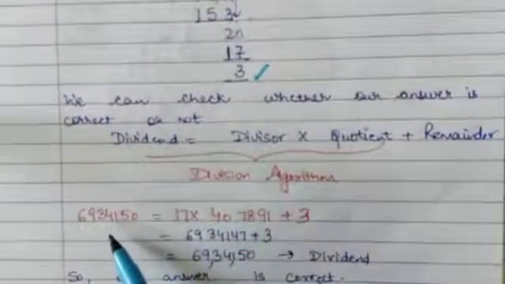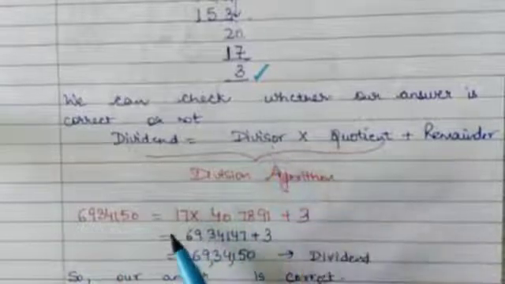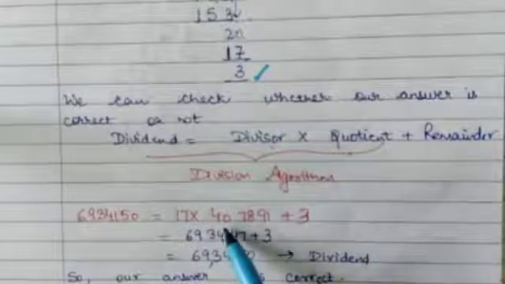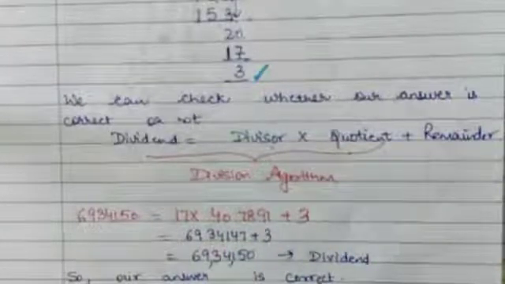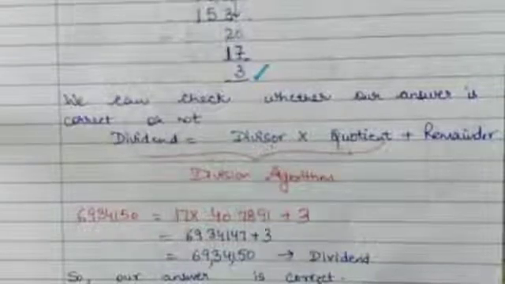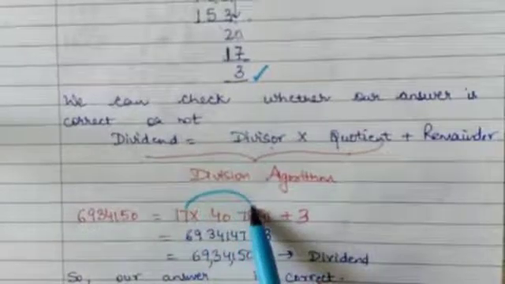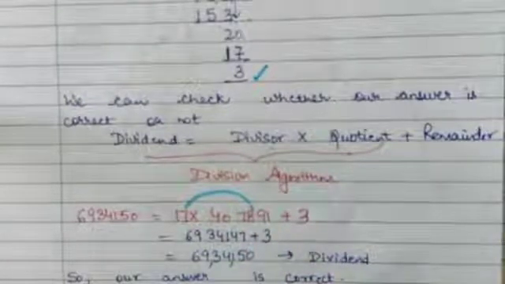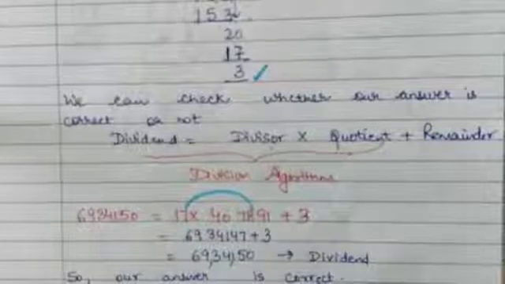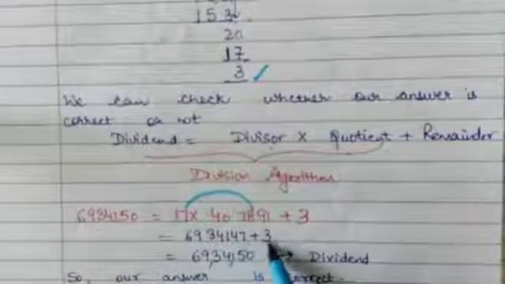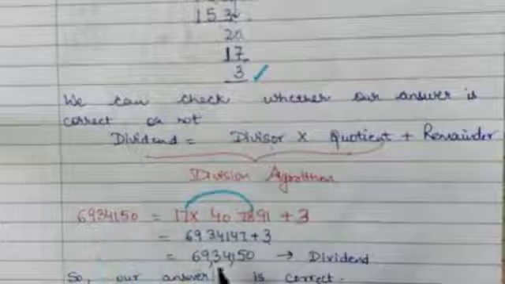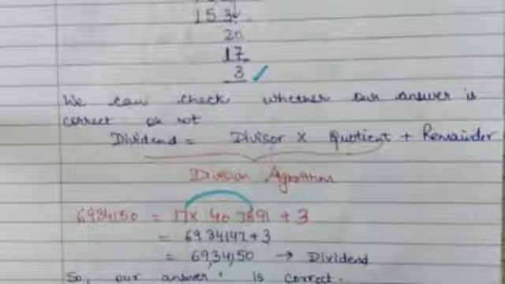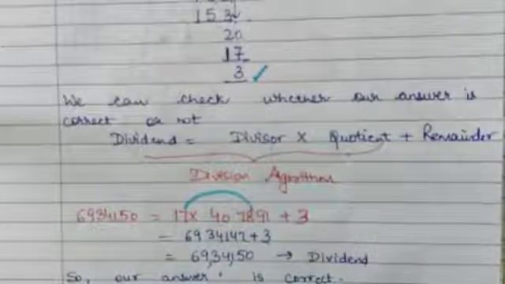Divisor 17, multiplied by quotient 4,07,891. On multiplication of these two numbers, we get 69,34,147. And when we add 3 to it, we get the same dividend. And if we get the same dividend, it means our answer is correct.